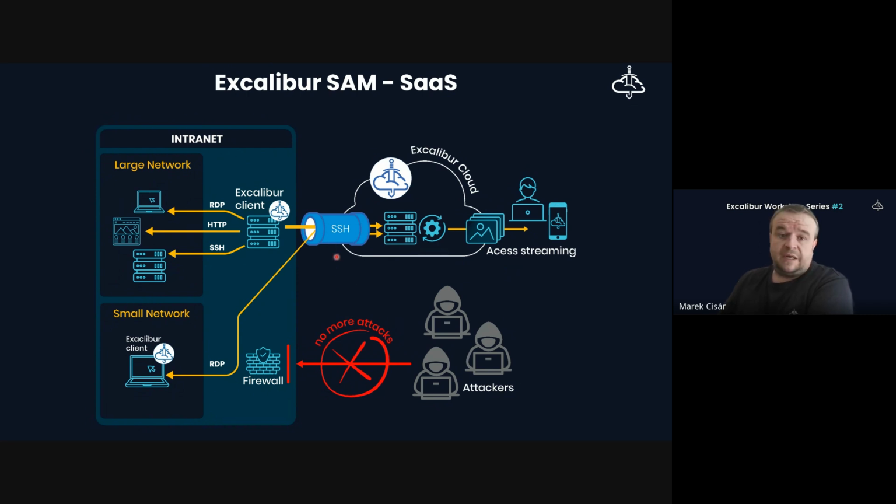That Excalibur client then allows us to connect to the required PAM targets using the traditional approach via the streamed access. So user will authenticate into the Excalibur web-based dashboard and then connect to the appropriate web target or RDP or SSH target as is the user need.